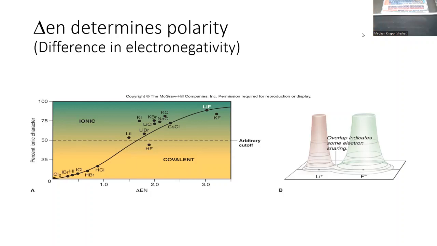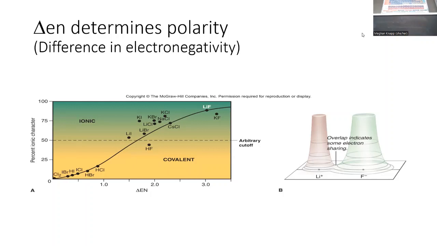So on the extreme end, we've got lithium fluoride, and I can't read what that is. Potassium fluoride. Potassium fluoride, thank you. So those are very different. And then down here at the 0 mark, we have chlorine gas, Cl2. So the bigger the difference, the more ionic character the bond has. And then we do have things that are kind of in this dividing line area, right?